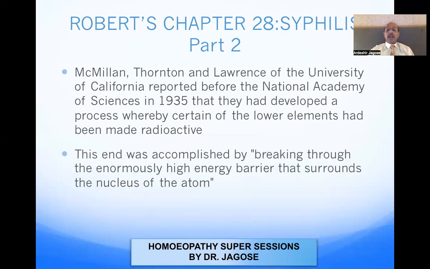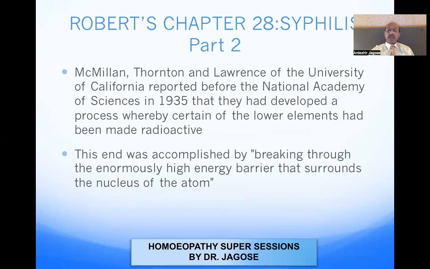Michelin, Thornton, and Lawrence of the University of California reported before the National Academy of Science in 1935 that they had developed a process whereby certain of the lower elements had been made more radioactive. So they found a method whereby low atomic weight elements can become more radioactive.